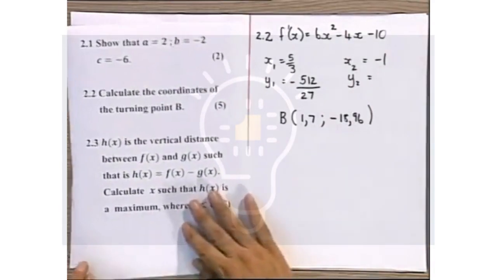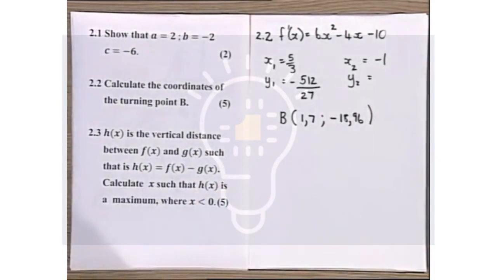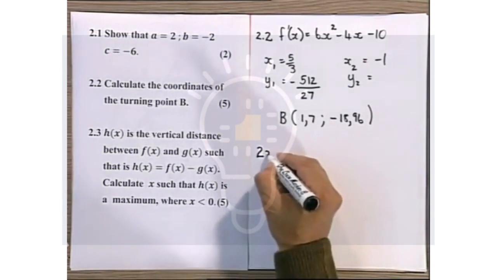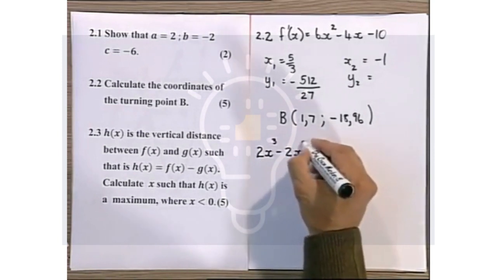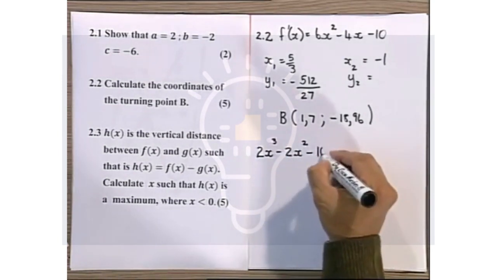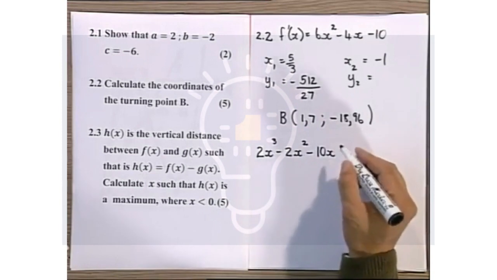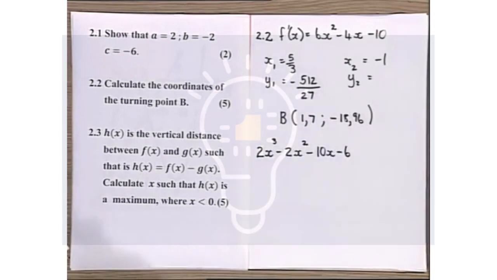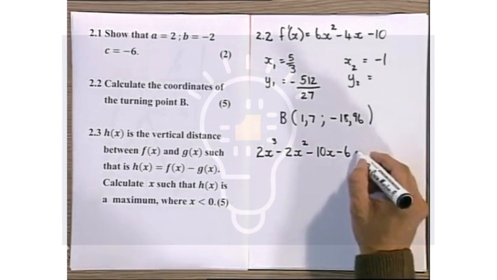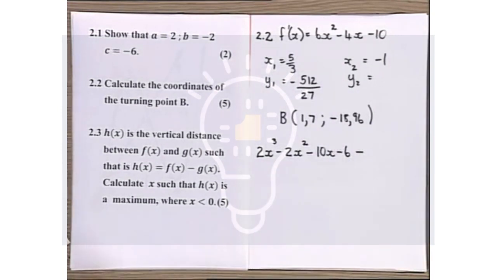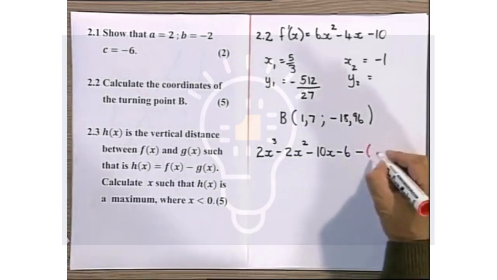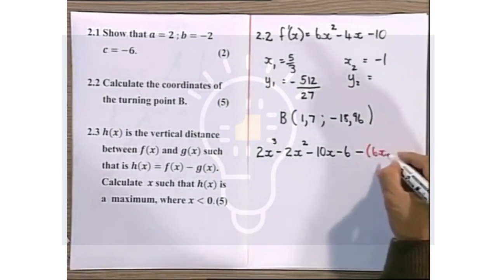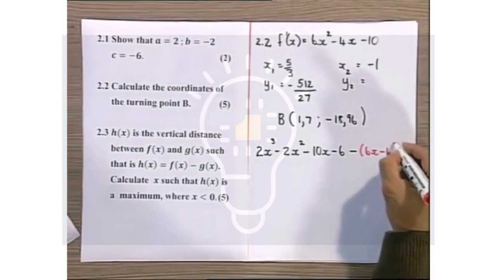Now the difference between the two, what is f(x)? Remember, this is f(x): 2x to the power of 3 minus 2x squared minus 10x minus 6, minus, then what is g(x)? g(x) is a line graph that is given as 6x minus 6.